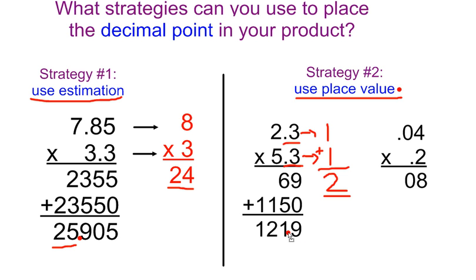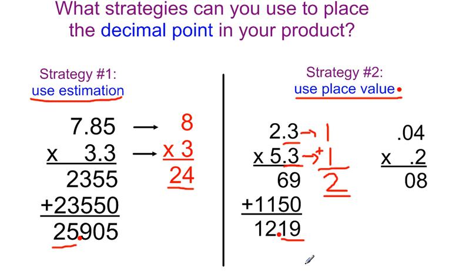If I place my decimal point here, I only have one decimal place value. If I place my decimal point here, now I have two decimal place values, which matches what I counted up in my factors. So that must be the correct spot. 1, 2, 1, 2. So the true product is 12 and 1900ths.